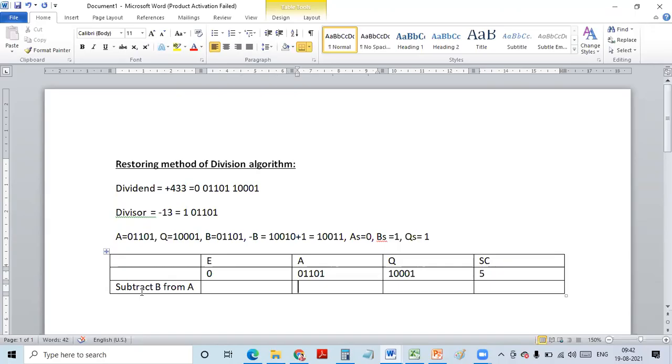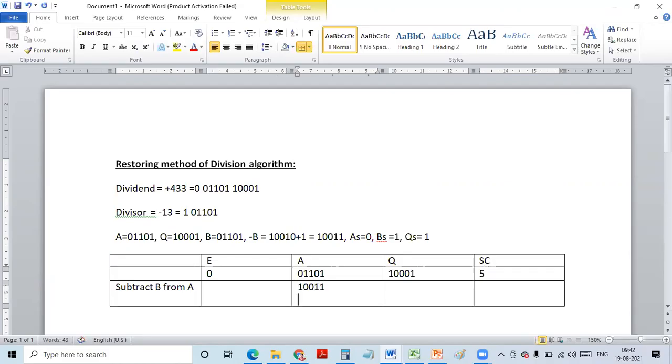You need to add simply minus B to A, right? Minus B is 1, 0, 0, 1, 1. You have to add this. So after adding, I will be getting 1, 0, 0, 0, 0, 0, right? So the extra end carry E is 1 and all the bits are zeros.